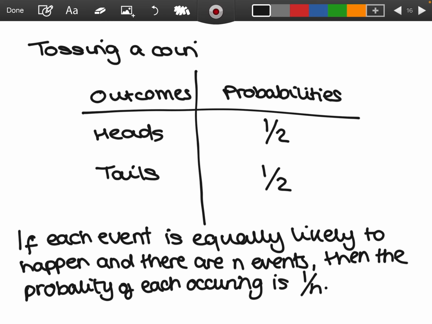Okay, so in this case we had two different outcomes, two different events, so we said that 1 divided by 2 was the probability of each one occurring.